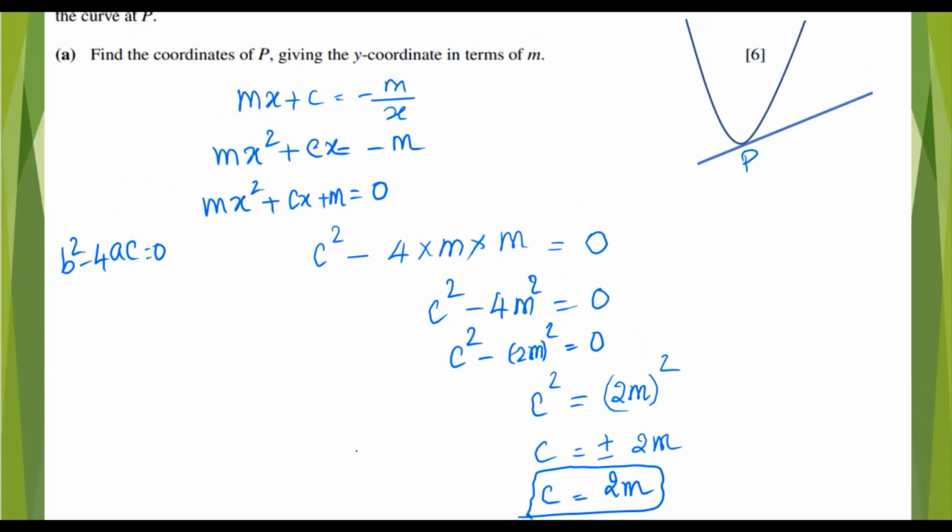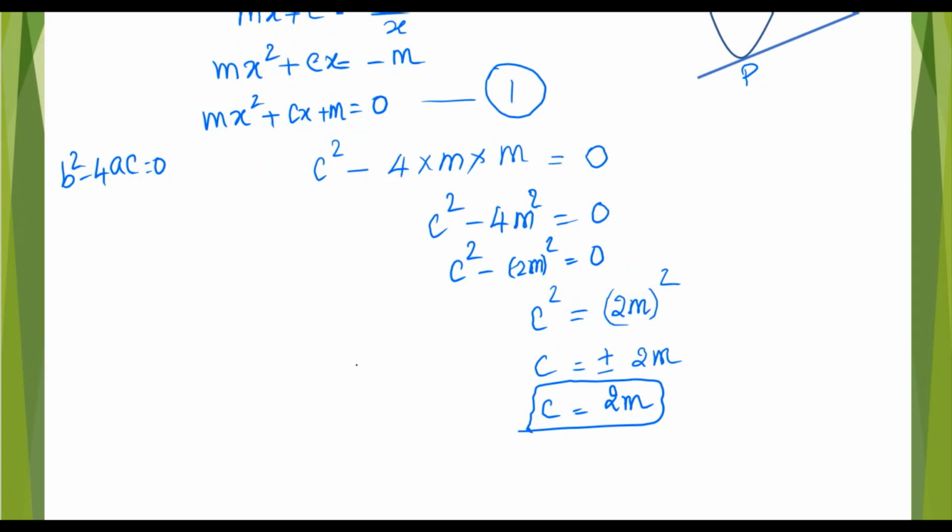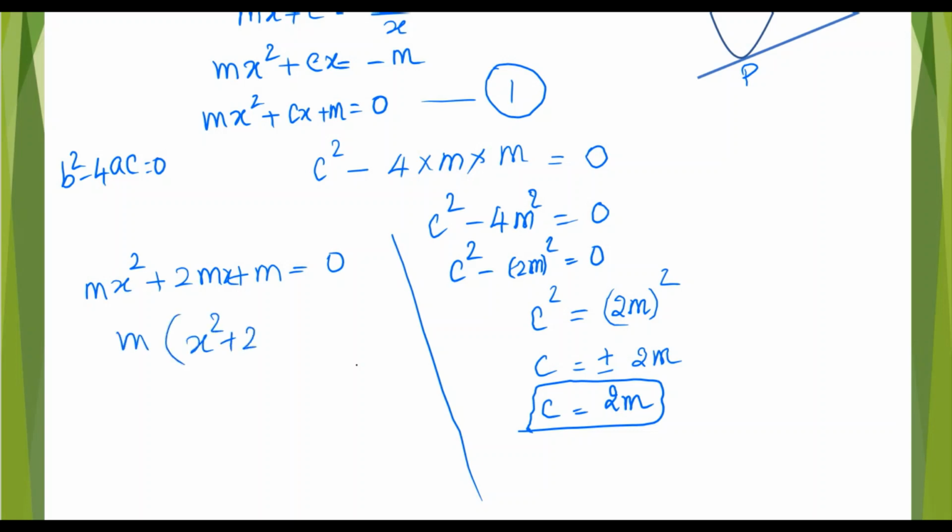So we'll substitute this in the first equation. We'll mark this as 1. So you will get mx squared plus 2mx plus m is equal to 0. Okay, we'll take out m commonly. You will get x squared plus 2x plus 1 equal to 0.